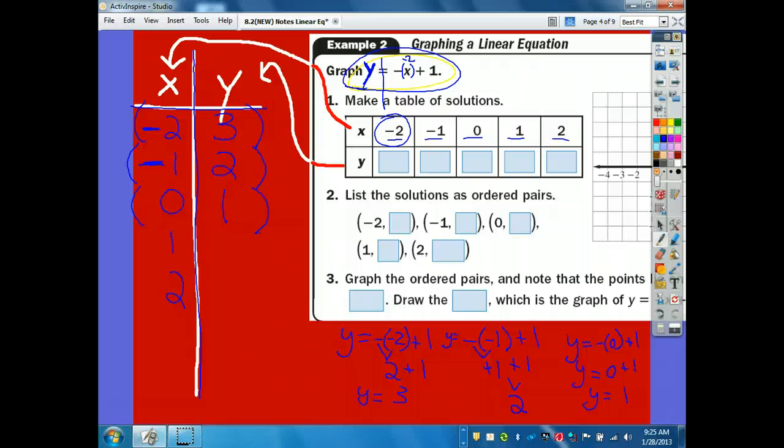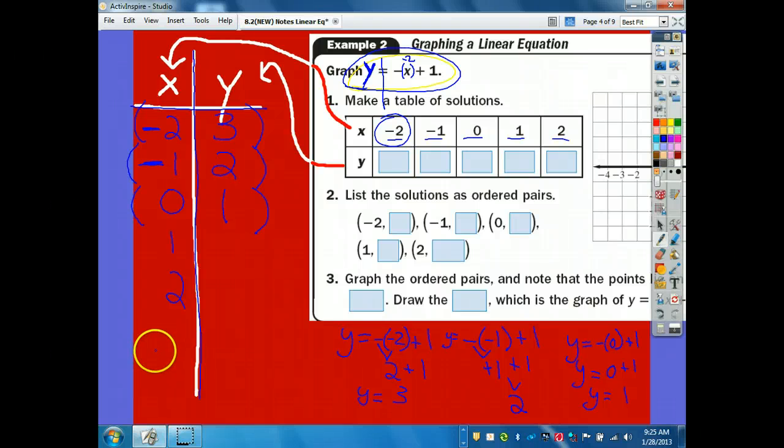Now when I have you do your T-charts, you have to do a minimum of 4 numbers for me. Here they do 5. I tell you, you have to do 4. And you always have to have at least one negative number when you do your T-charts for me. And look, they use the numbers -2, -1, 0, 1, 2, which are really good to use for your x's because then you're staying close to the origin.